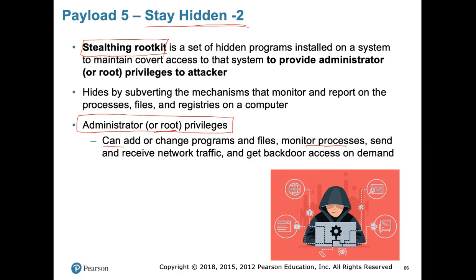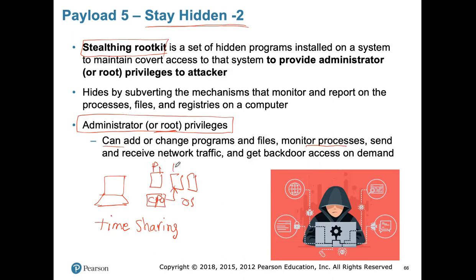If you remember, we've talked about operating systems in time sharing or multi-programming, for example. And we said that in time sharing, we will have multiple processes, and the CPU is here, and the operating system is supposed to assign the CPU to each of these processes. For example, this is process 1, process 2, and process 3.